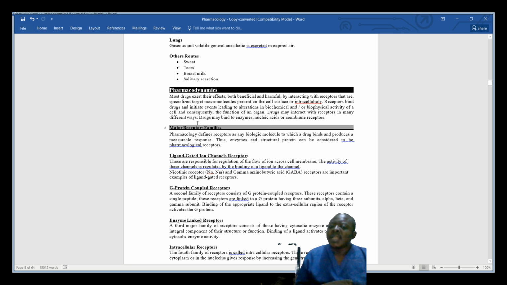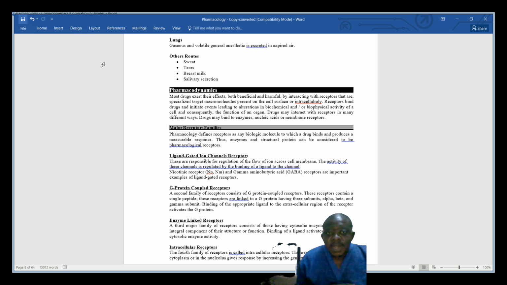So now we're looking at the effect of the drug on the body, but not the body on the drug, which is pharmacokinetics. But we are now in pharmacodynamics, appreciating the effect of the drug on the body.